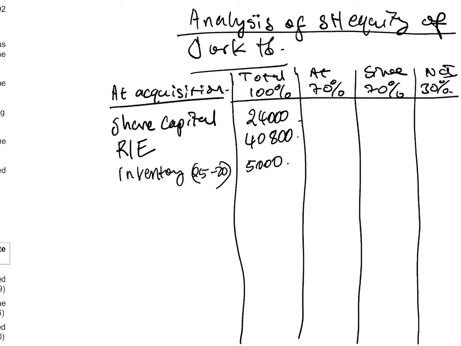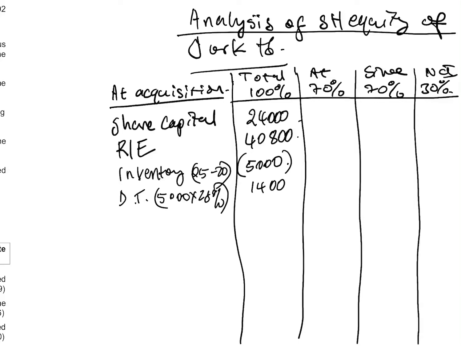Then we have deferred tax, which is 5,000 times 28%. So 5,000 times 28% will give us 1,400. So this is going to be reducing your retained earnings.